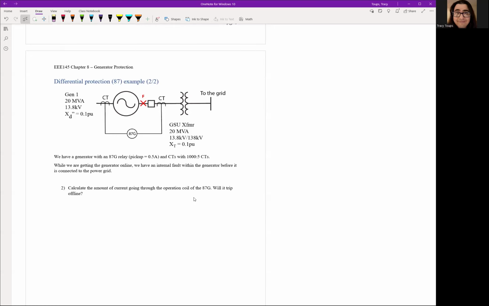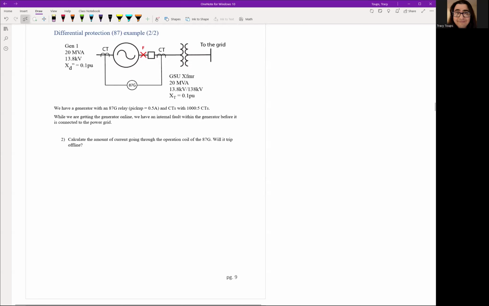How much exactly is there compared to your pickup? See if it trips or not. We'll be back in 15-20 minutes to check your answer. Get your calculators out, see if you remember how to do some fault current calculations and some differential calculations. Okay, see you in a little bit.